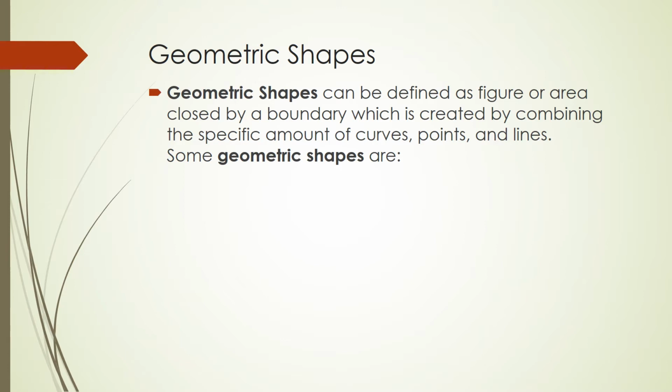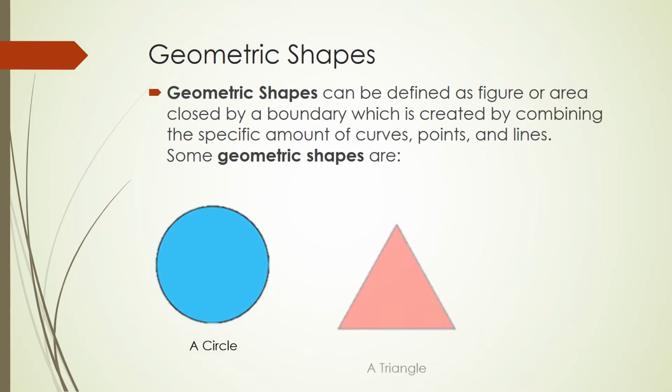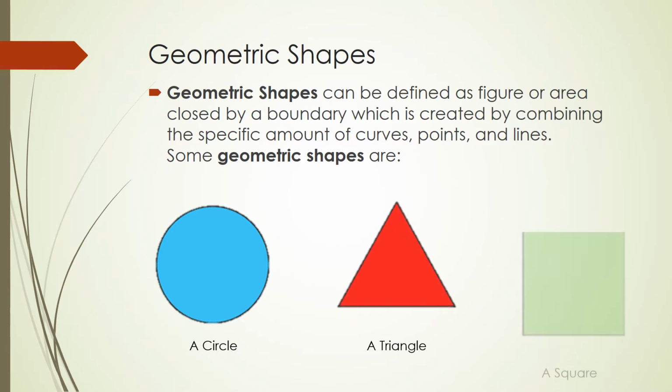Here we have a circle, a triangle, and a square. These are just three geometric shapes that can be found all around us.